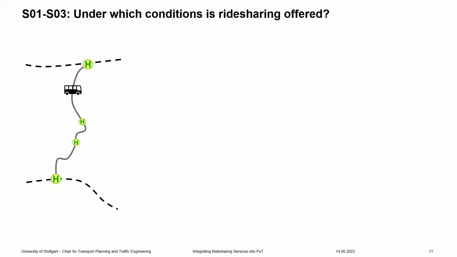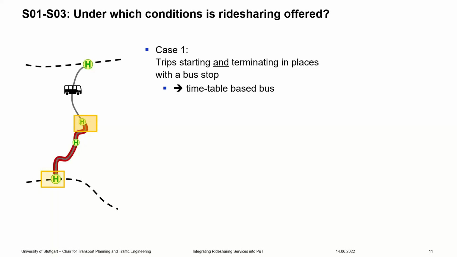We differentiated this in 3 cases. The first case is for trips that are starting and ending in places that have a bus stop, and here the traditional timetable-based bus will be offered as public transport.